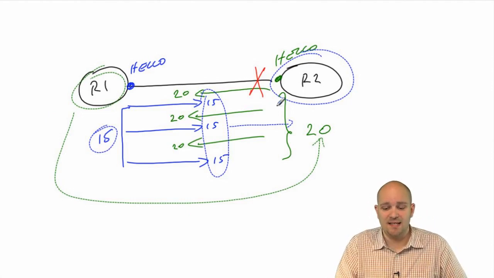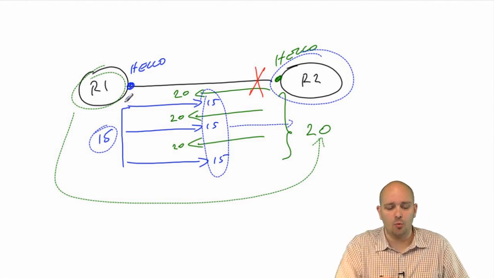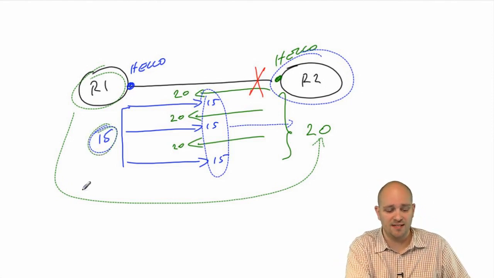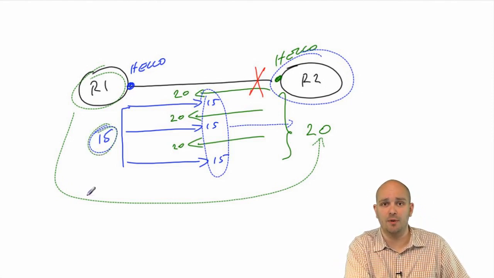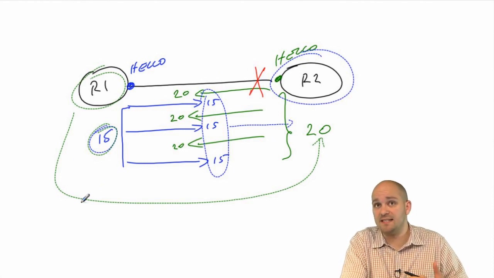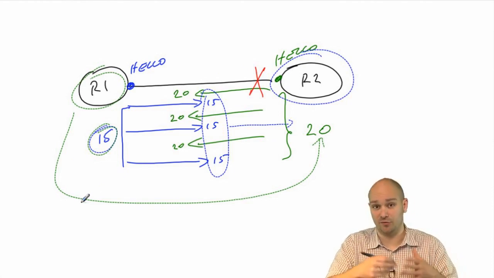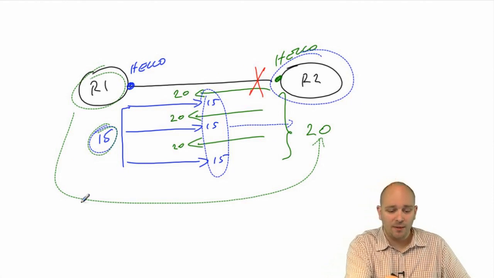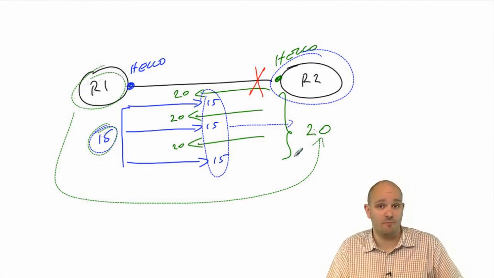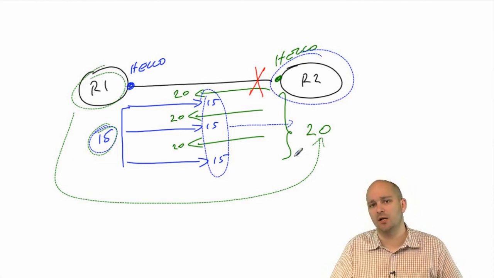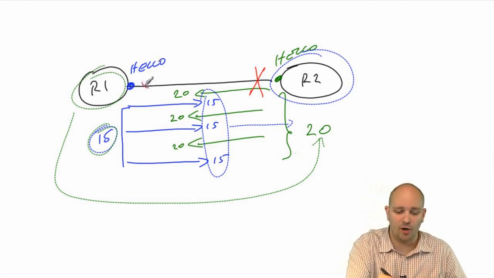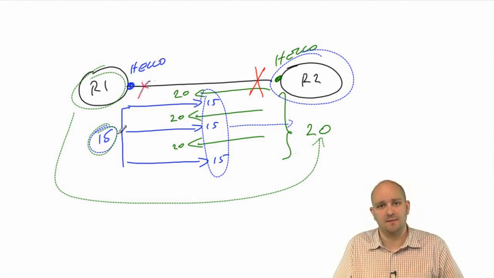So in this case, R2 may declare R1 as unreachable after 15 seconds since receipt of the last hello message, but R1 may need to wait 5 more seconds after R2 has declared this neighborship dead before it declares it as dead.